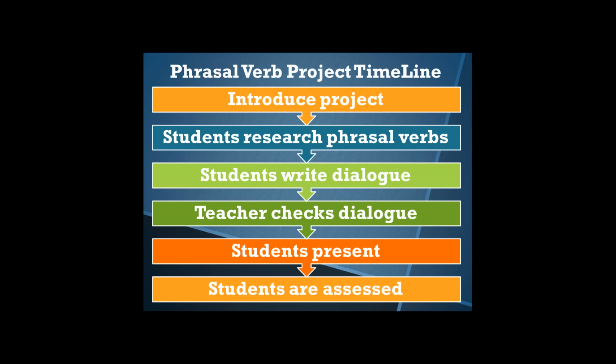If you have intermediate or more advanced students, you can have them use numerous phrasal verbs in the same dialogue. The dialogues I'm about to show just have one phrasal verb, but sometimes I've had students use up to 5 in their dialogue, for a bit more of a challenge.